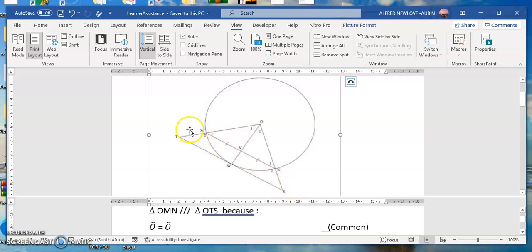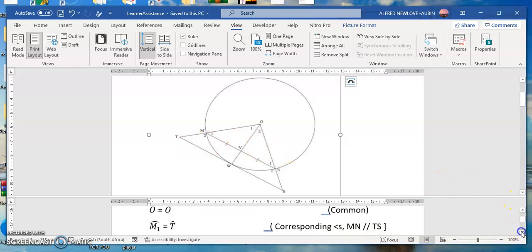So if MN is parallel to TS, it means this angle M1 is equal to T. So we can say M1 is equal to what? T. And what is its reason? Corresponding angles, MN is parallel to TS.